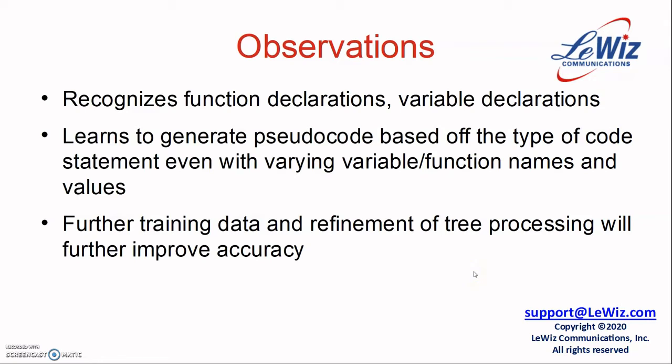In the upcoming demonstration, you will observe that Pseudogen is able to recognize function declarations and variable declarations. It has learned to generate pseudocode based off of the type of code statement, even with varying variable or function names and values. And further training data and refinement of tree processing will further improve accuracy.